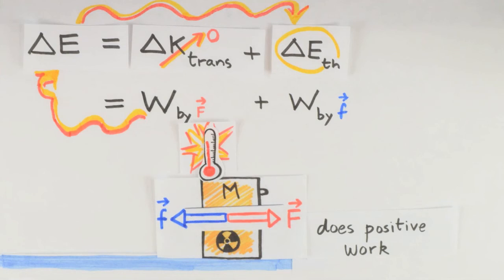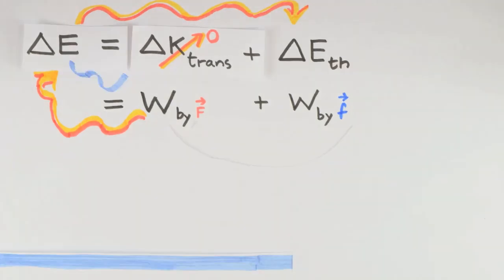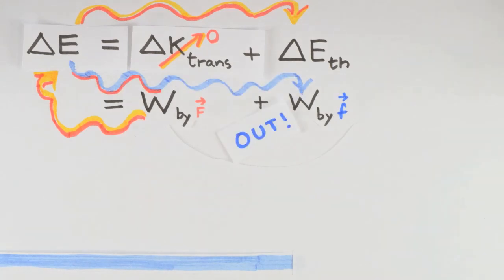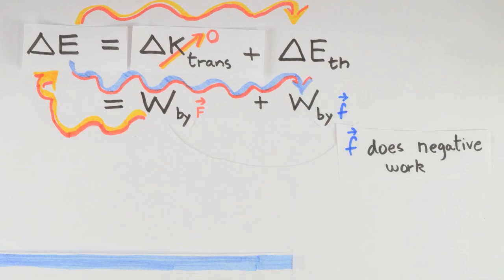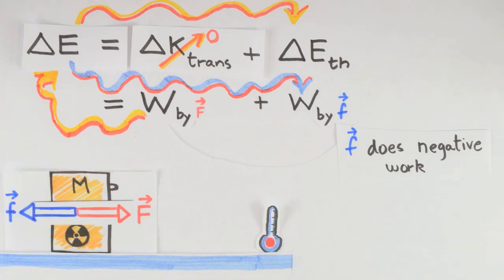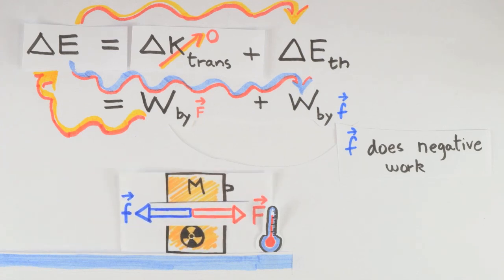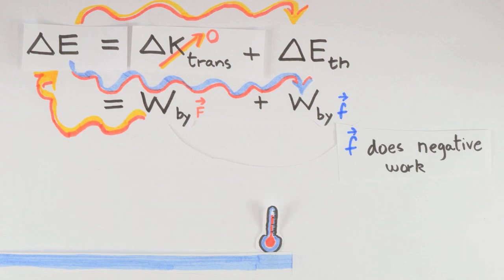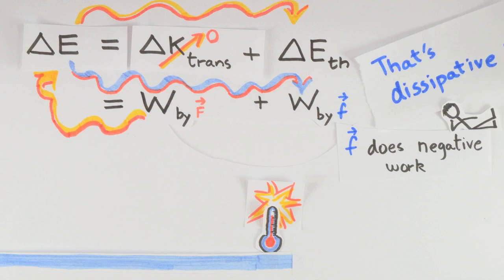The remainder of the energy transferred in by the pulling force is transferred out. That's the work done by the friction force, which we see is negative. Now, where does that energy go? That energy transferred out of our system of the block shows up as an increase in thermal energy of the surface. So, bottom line here, we find that in working this example, we have learned quite a bit about energy changes and energy transfer in this case, where the dissipative force of friction is at play.